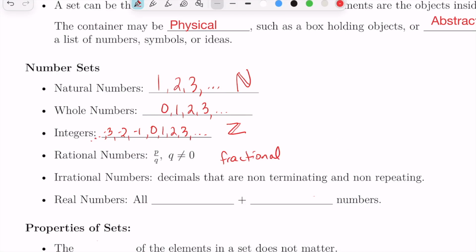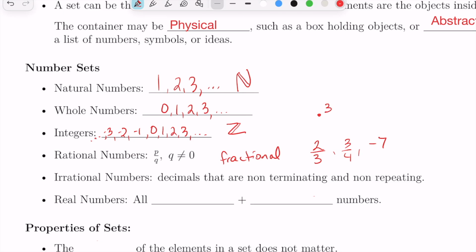But the rationals could also be numbers like 2/3, or 3/4, or -7. Any number that could be written as a fraction. Now, also repeating decimals.